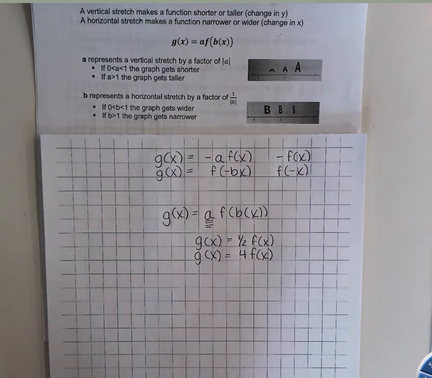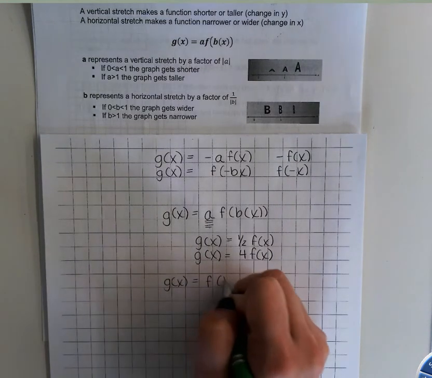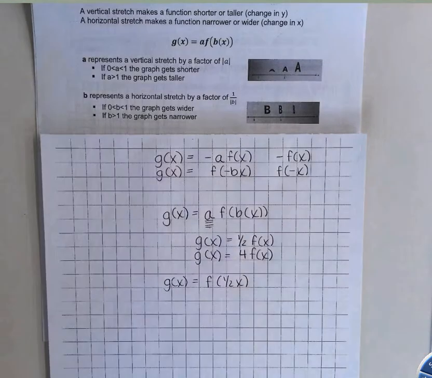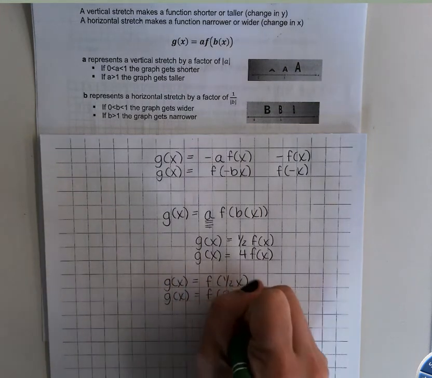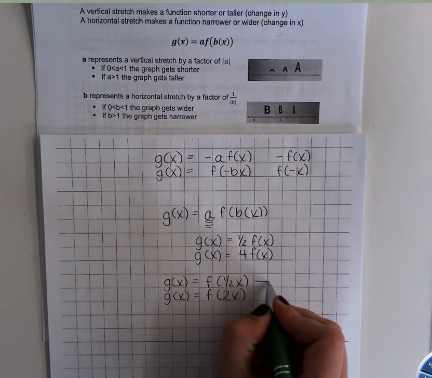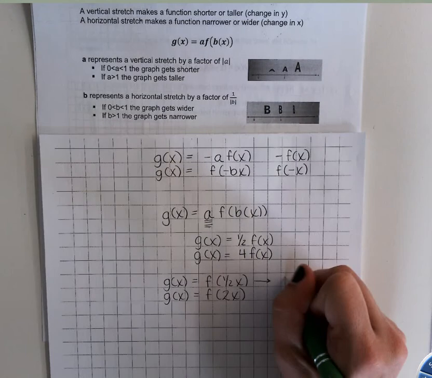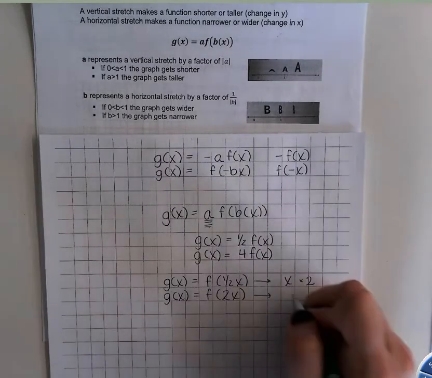So for example, if we have g of x equals f of 1/2 x, this graph is actually being stretched by a factor of 2, whereas this graph is actually being compressed by a factor of 2 or stretched by a factor of 1/2. So again, for this first function, the x values would be multiplied by 2, and in this graph, the x values would be multiplied by 1/2.